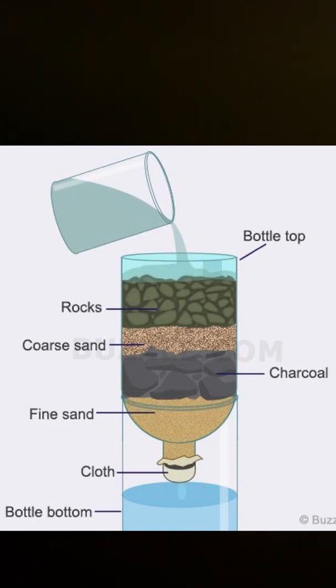It's very simple. The gravels and sand hold solid particles. They remove small and large particles present in the wastewater. On the other hand, charcoal absorbs more pollutants. Now you will see the video in which the wastewater is treated.